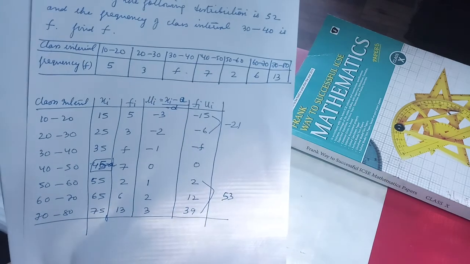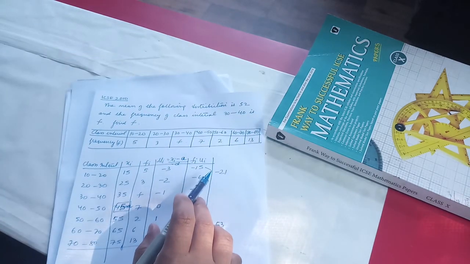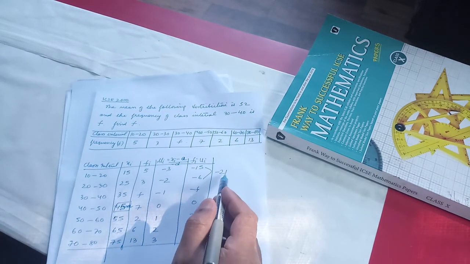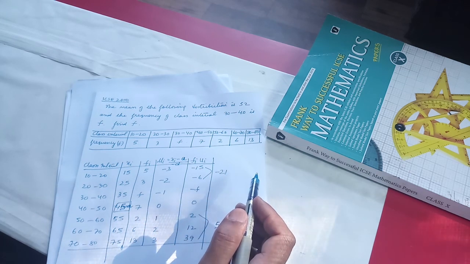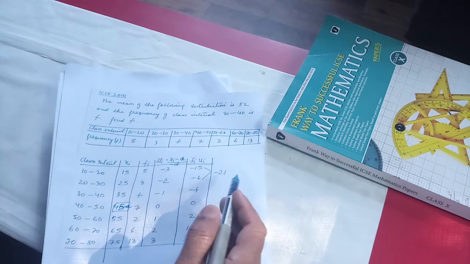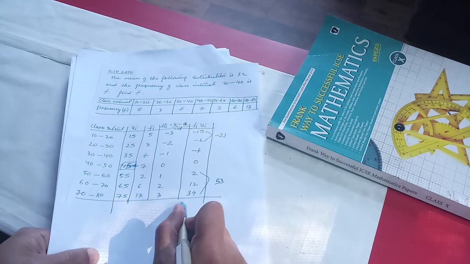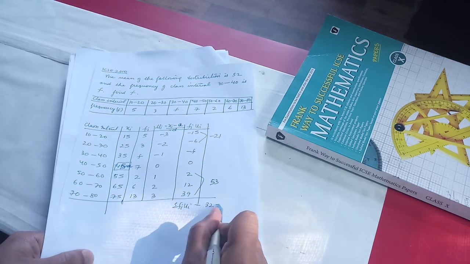Yes, 53. Okay, then there is minus f also. 53 minus 21 will be 32. So summation fi ui will be 32 minus f.